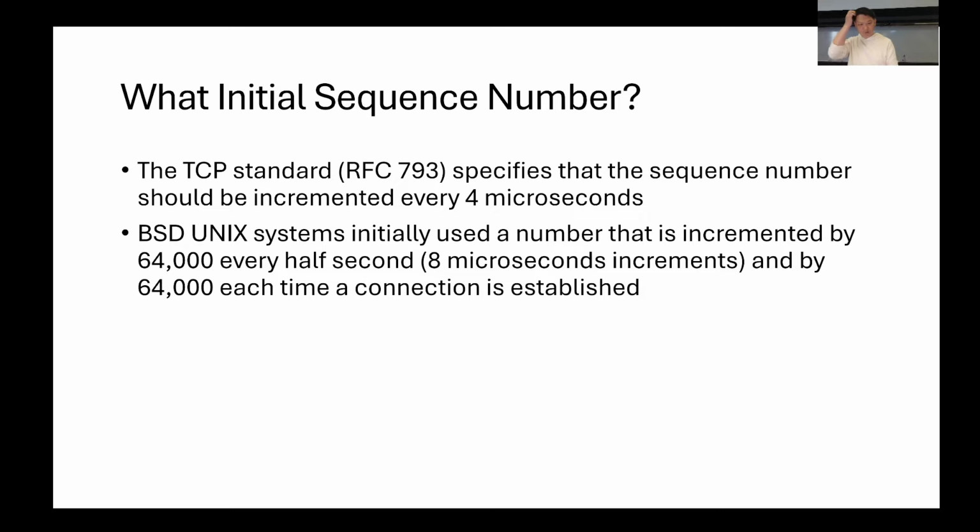The initial sequence number is assigned based on this standard, RFC 793. Actually, Unix uses this mechanism: the number increments every 4 microseconds.